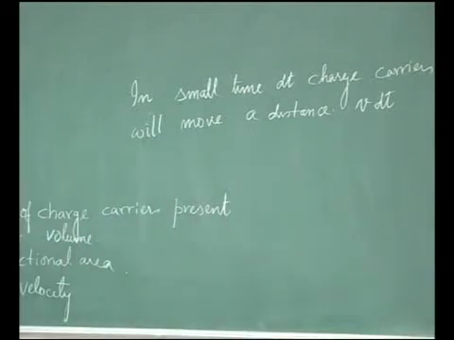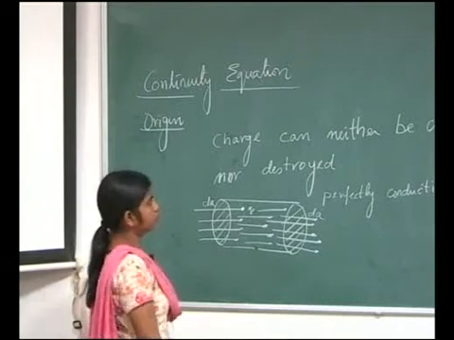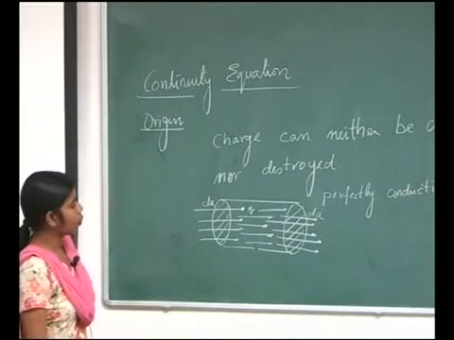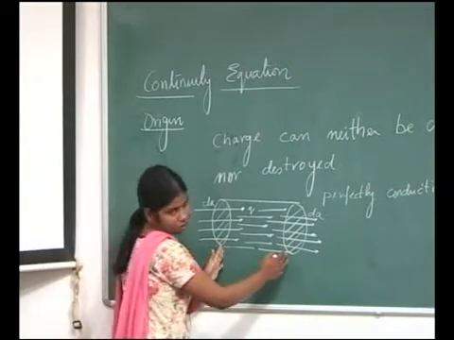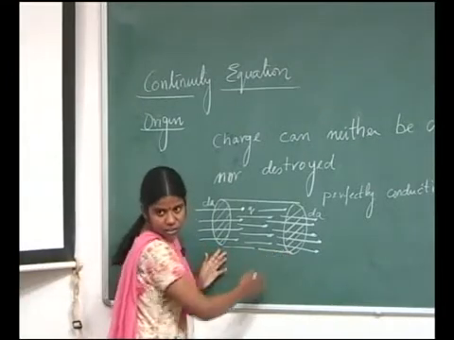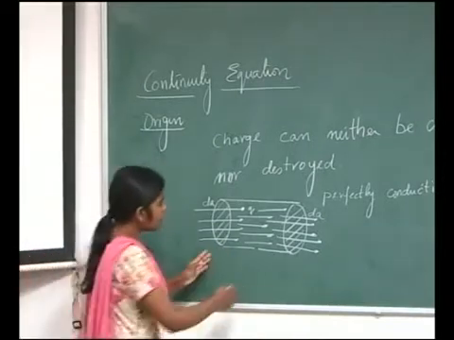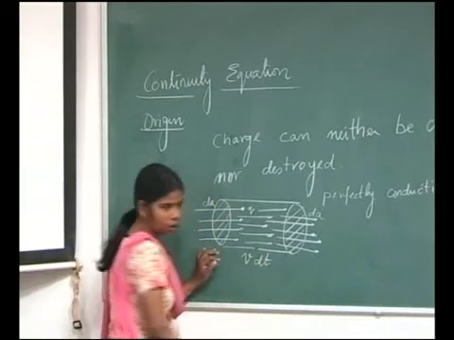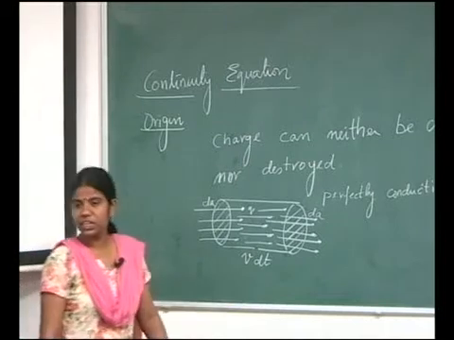Is it okay? Now I assume that this section, a small piece out of a long pipe, is v dt long.